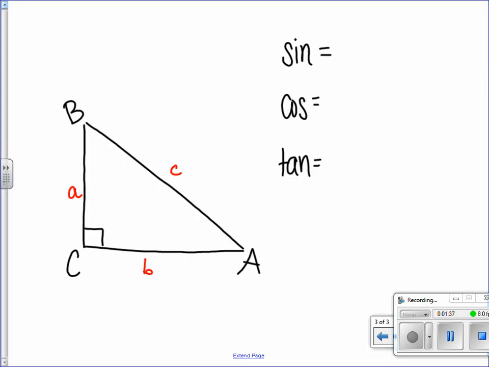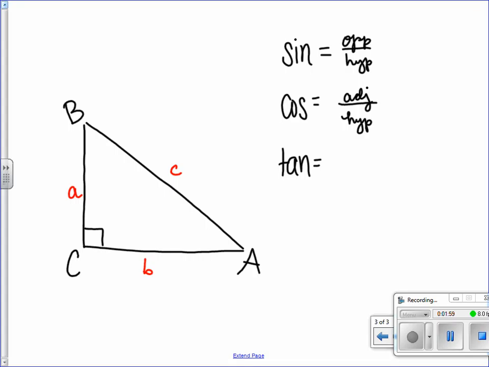Alright, so sine. What's the ratio for sine? Opposite over hypotenuse. Opposite side from where you are standing in relationship to the hypotenuse. How about cosine? Adjacent over hypotenuse.